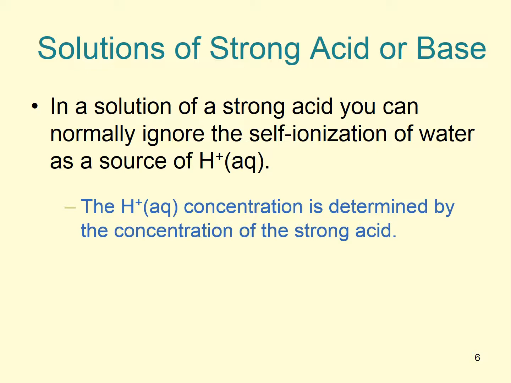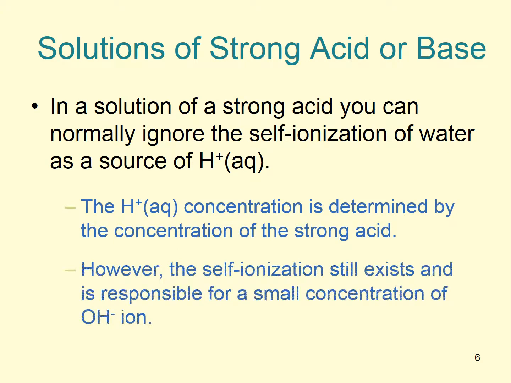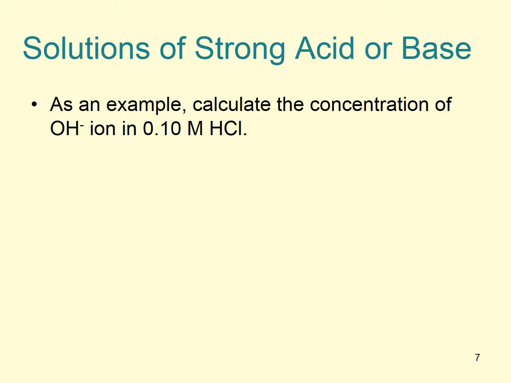The amount of H+ from self-ionization is still there, however, it is so small compared to the H+ from the acid that it's negligible. But remember that there is still a very small amount of OH- ion around as well because of the self-ionization of water, and so you can still use that equation.